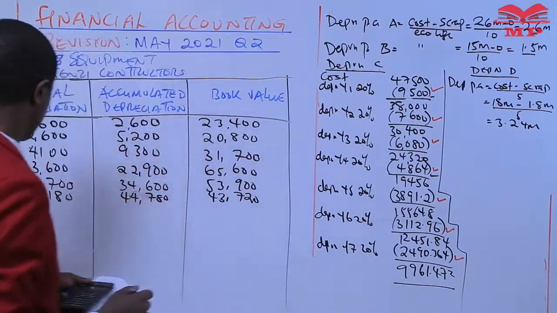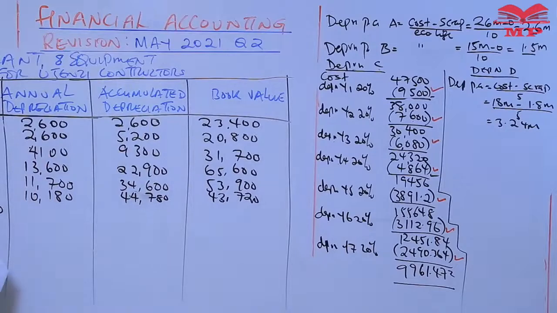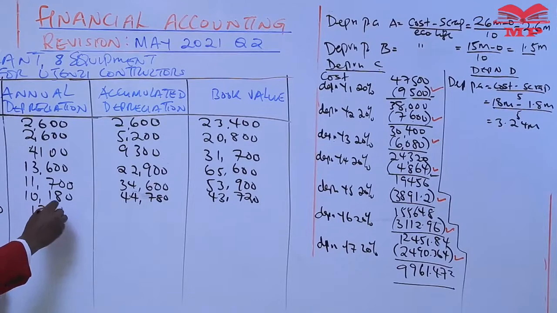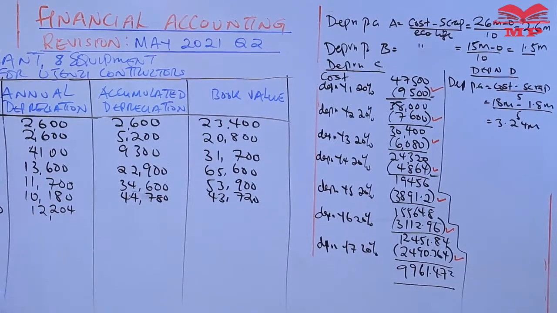So candidates, the annual depreciation is 12,204.